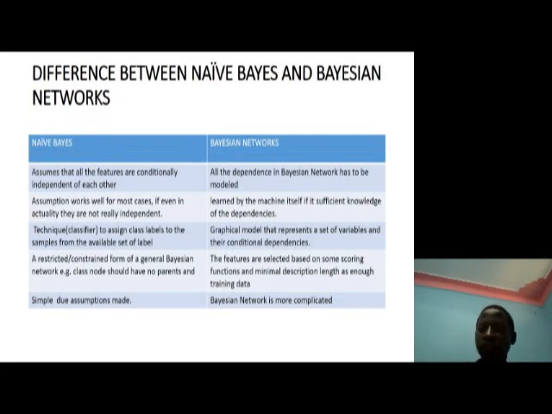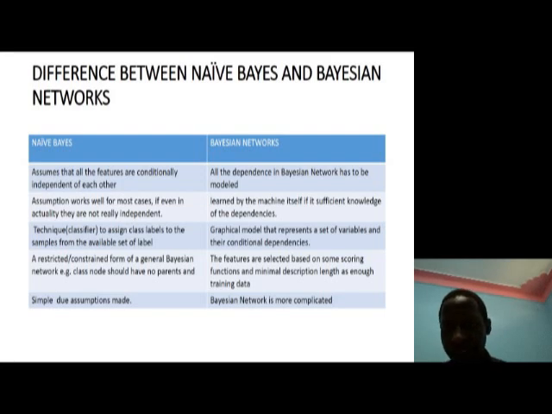Then we go to the difference between naive Bayes and Bayesian networks. Here we're dealing with networks and naive Bayes. Naive Bayes assumes that all the features are conditionally independent of each other. In Bayesian networks, all dependence has to be modeled, so you have to model them by yourself.